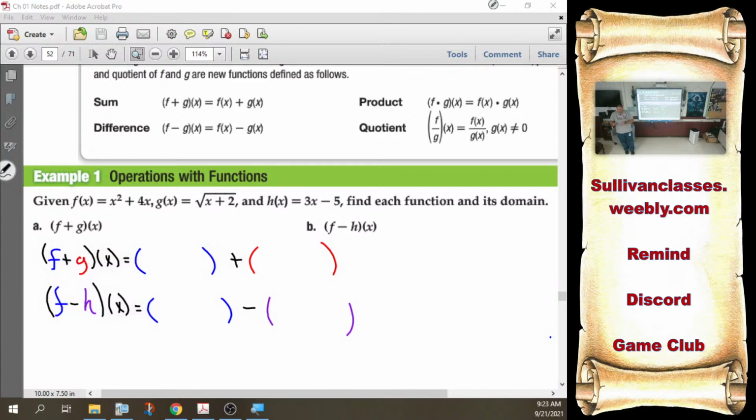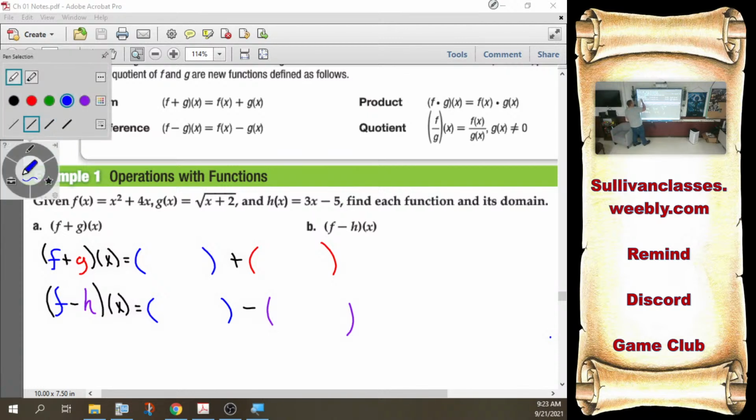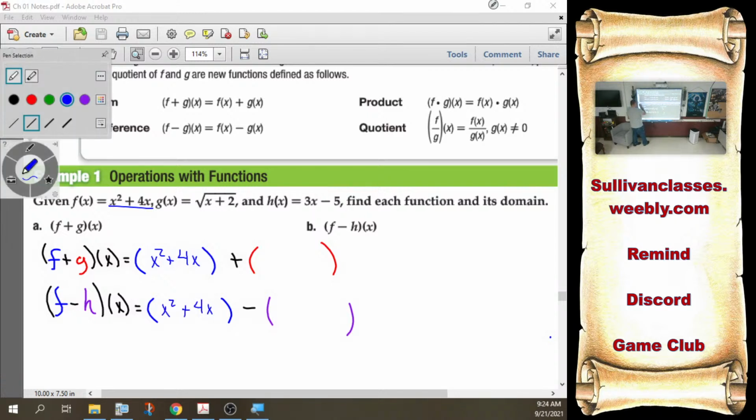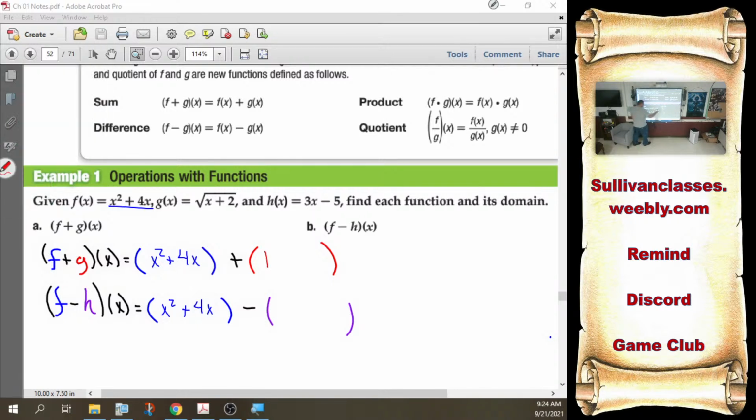F plus g of x, f minus h of x are literally just this rule minus that rule, this rule plus this rule. I take the f rule, plug it in. I take the g rule, plug it in.